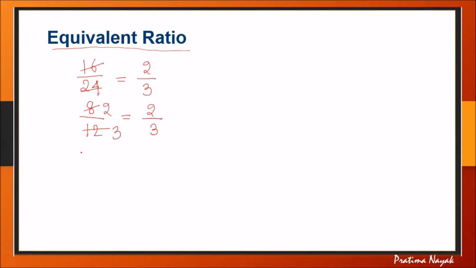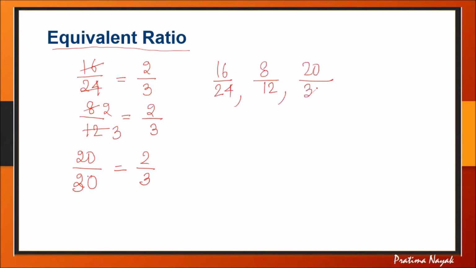Next, if I take the ratio 20 upon 30 and simplify, it will be 2/3. So 16/24, 8/12, 20/30, all three on simplification give us 2/3. These are called equivalent ratios. 16/24 is the same as 8/12, which is the same as 20/30.